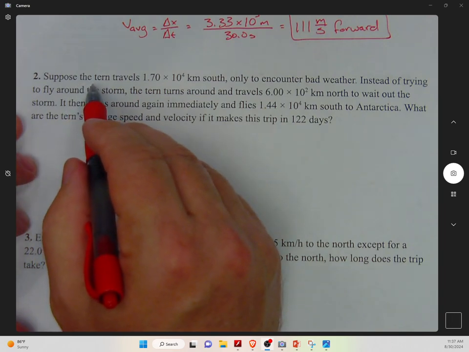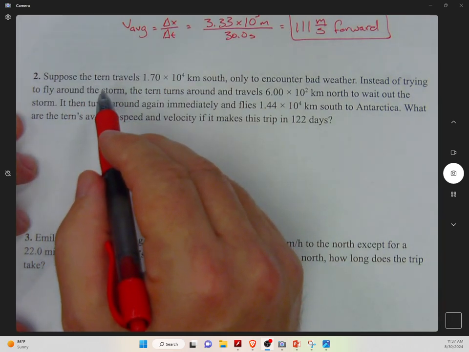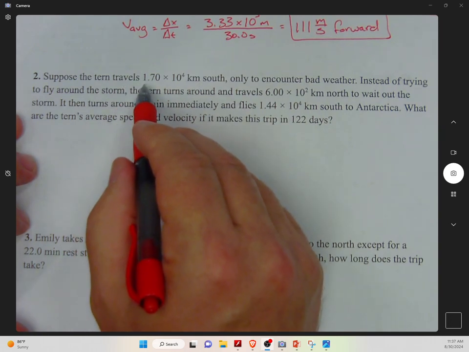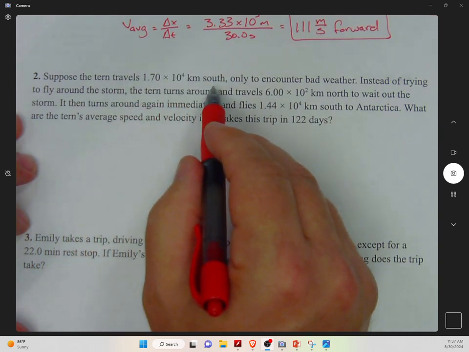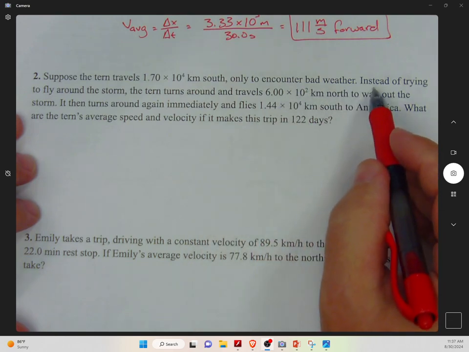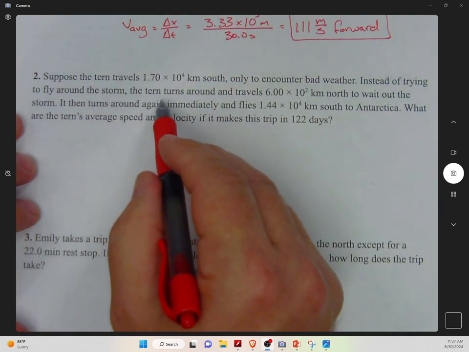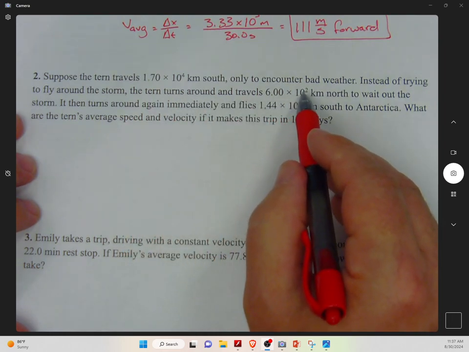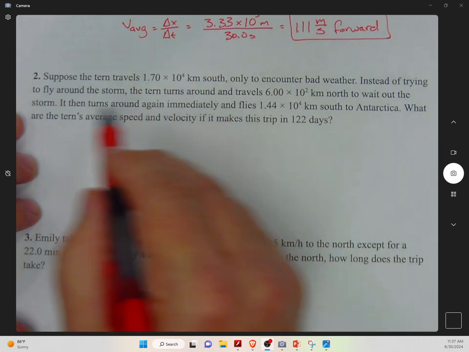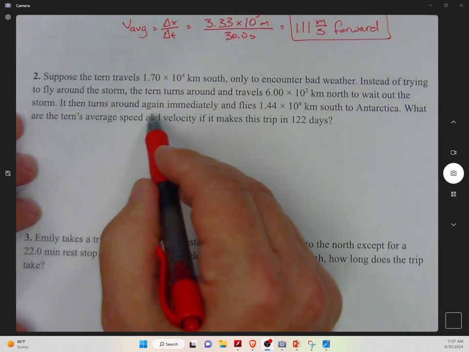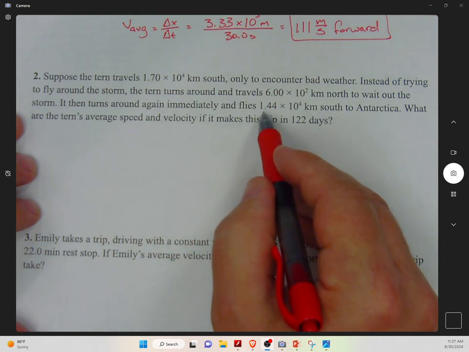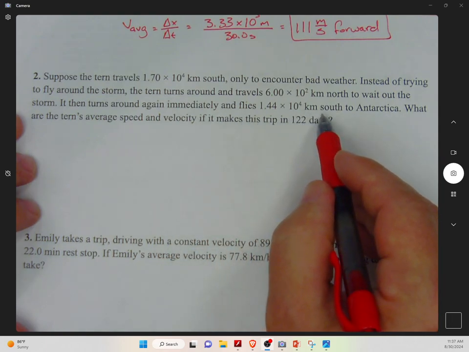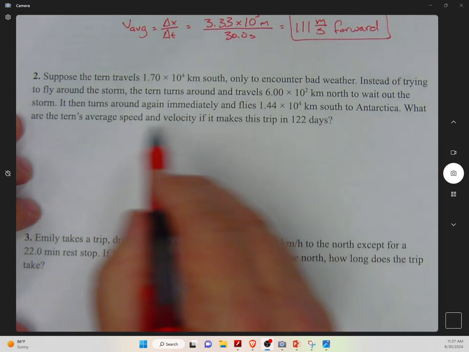Suppose the tern, okay, so a bird, travels 1.70 times 10 to the fourth kilometers per second, only to encounter bad weather. Instead of trying to fly around the storm, the tern turns around and travels 6.00 times 10 to the second kilometers north to wait out the storm. It then turns around again immediately and flies 1.44 times 10 to the fourth kilometers south to Antarctica.